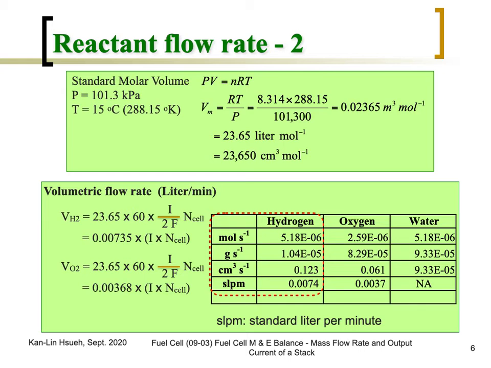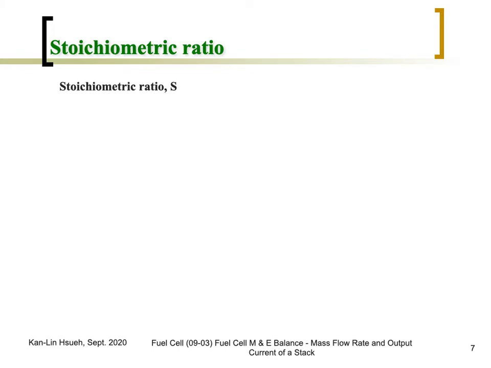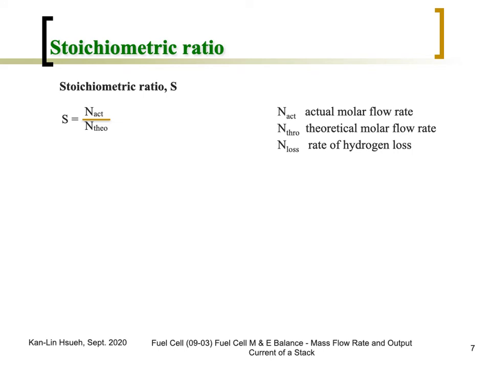This is the theoretical volume flow rate based on the output current, but in reality, in the operation, we need to introduce another number we call the stoichiometric ratio. Stoichiometric ratio S is defined by N act divided by N0. The N act is the actual molar flow rate, and N0 is the theoretical molar flow rate.